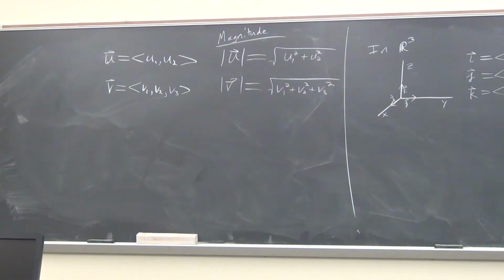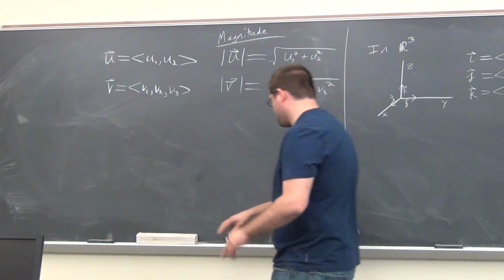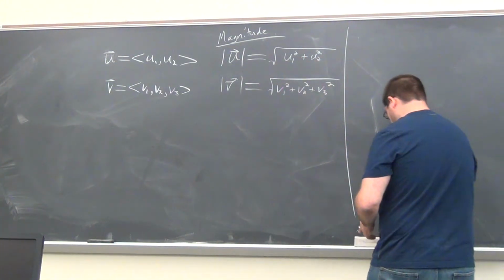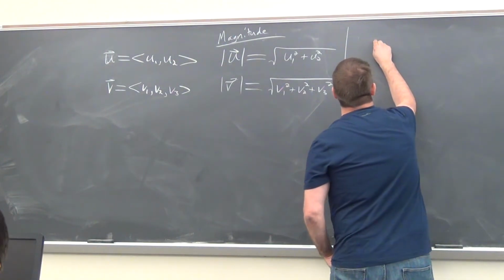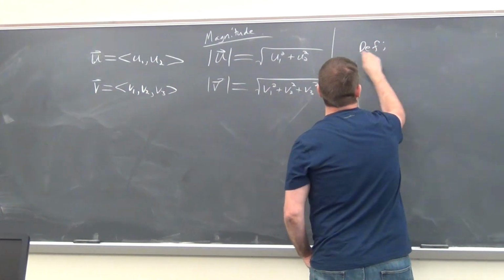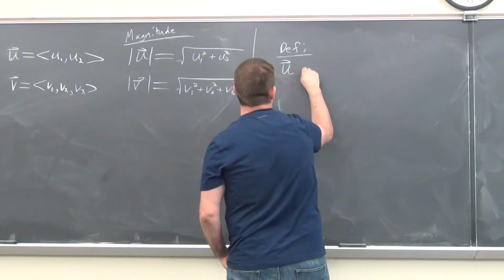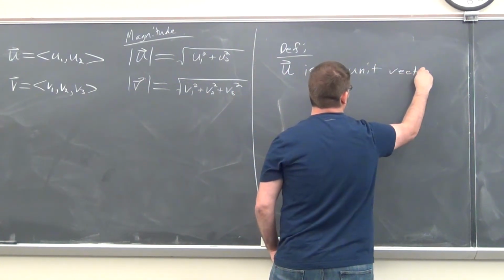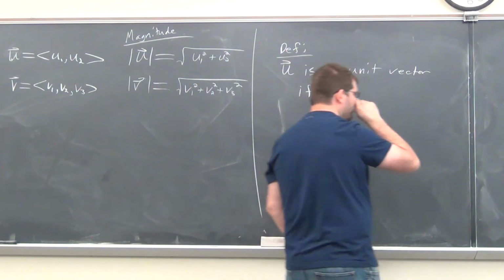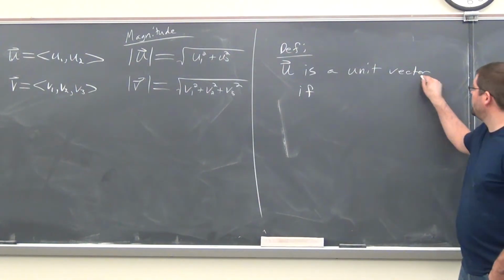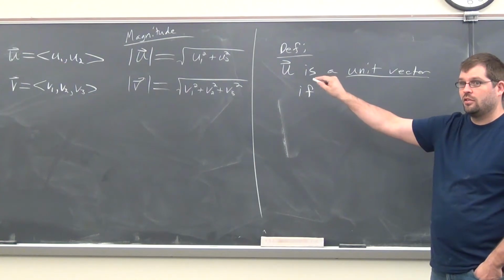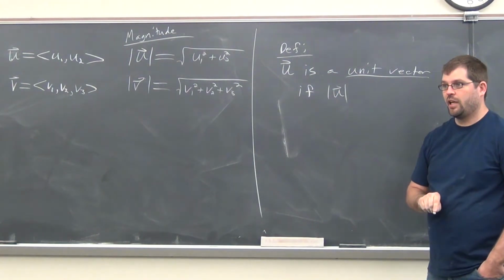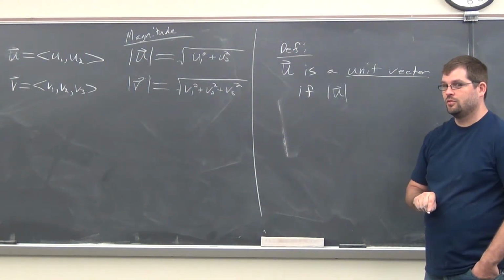All right, so let's do this. I'll write it this way. u is a unit vector if, so what does it mean to be a unit vector? Its magnitude is 1.